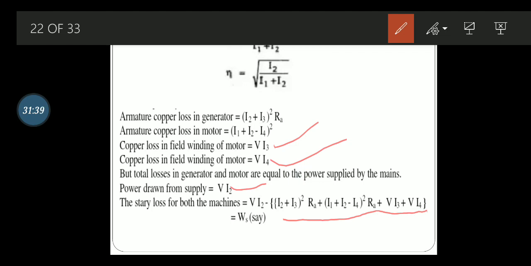This is the armature copper loss in the generator, this is the armature copper loss in the motor, this is the copper loss in the field winding of the motor, and this is the copper loss in the field winding of the generator. Then these are all represented by a single term, W suffix S, which means the stray losses.